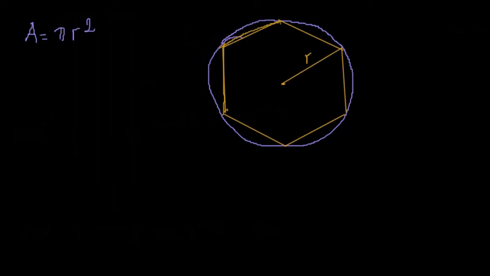If we join these points right over here, we will see that we can describe this polygon as six isosceles triangles joined right next to each other.